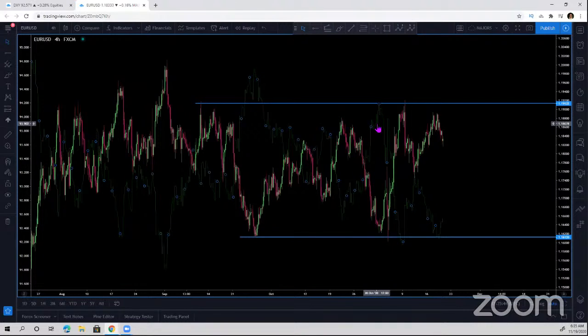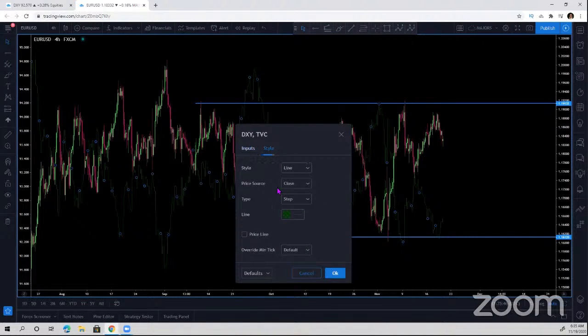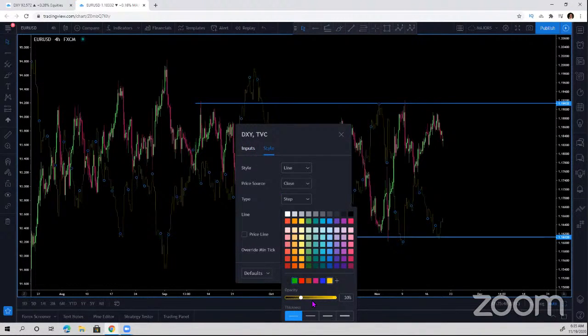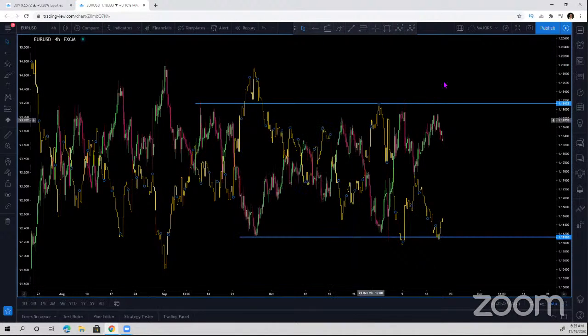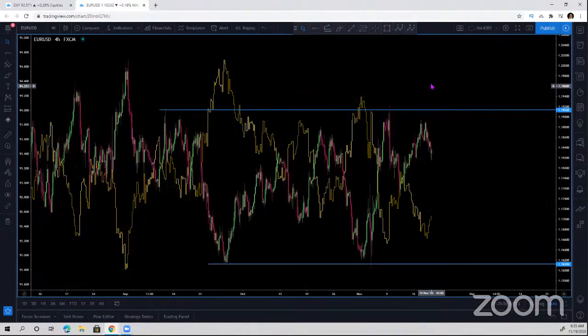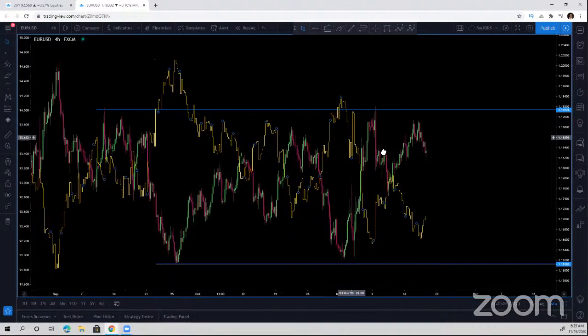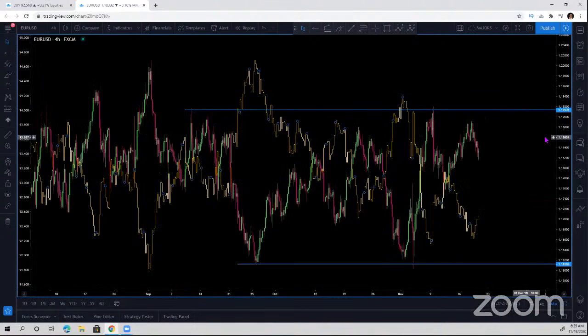I'm going to change this color to a brighter color, a yellow. Boom. So we can actually appreciate the correlation. Whenever the DXY spikes higher, the euro US dollar, of course, spikes lower.